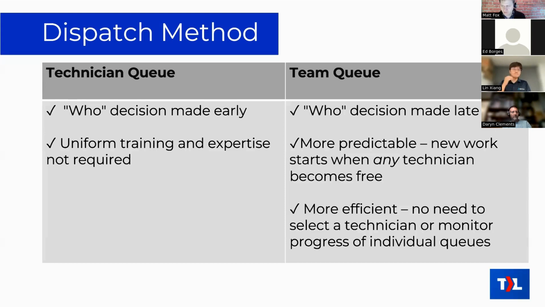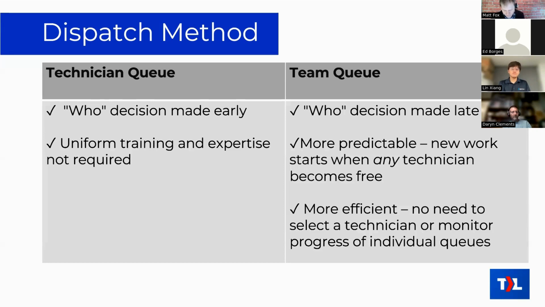That's where the decision of who does this ticket is made at the last possible moment. Benefits of that are that it's more predictable, because a new ticket will get started anytime any technician becomes free, because it's not waiting for any particular technician.